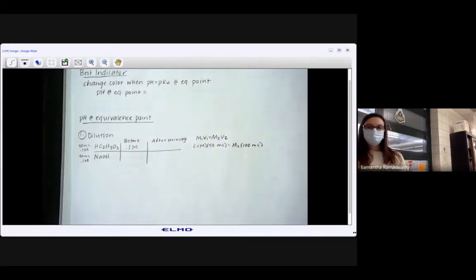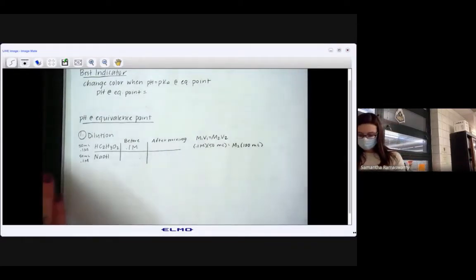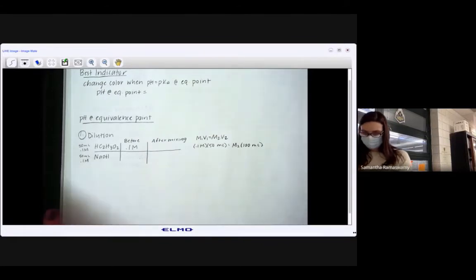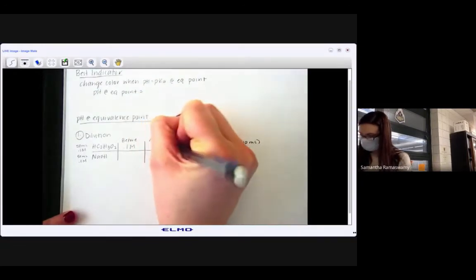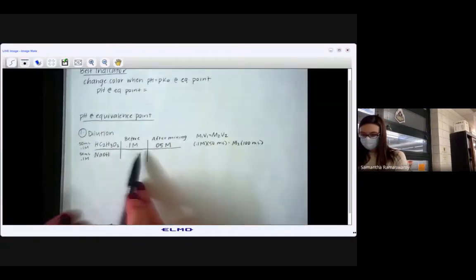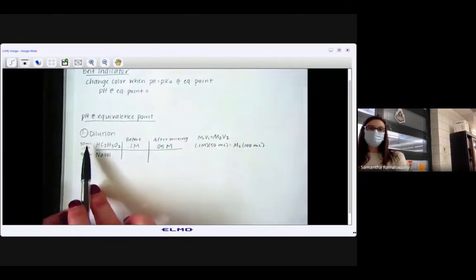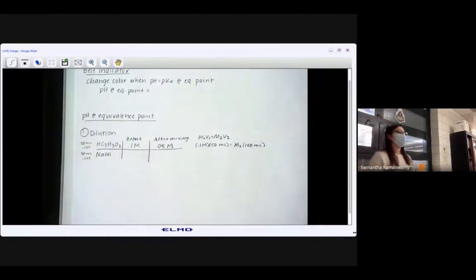We add the two solutions together, we have a volume of 100 milliliters. So 0.1 times 50 divided by 100, 0.05 molar. Notice when you dilute to double the volume, the concentration gets cut in half.